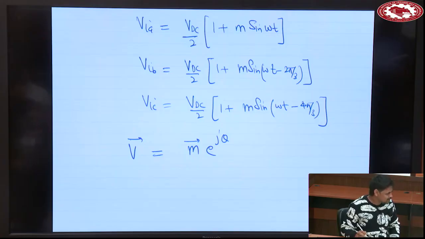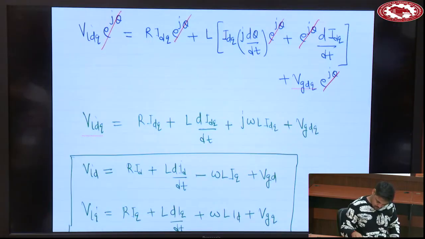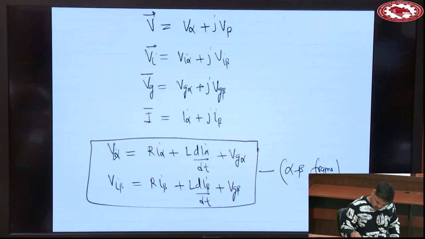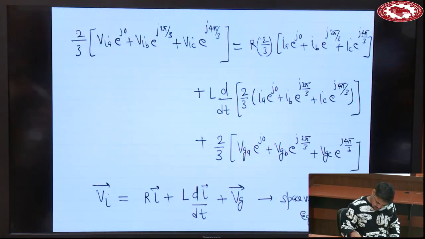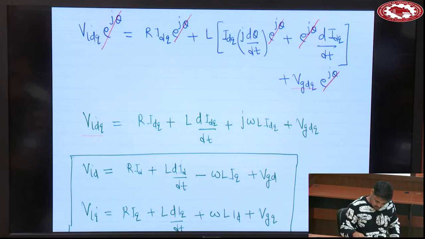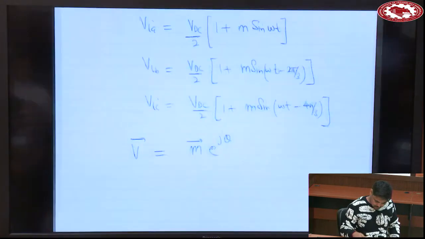In previous equations we have used plus 2 pi by 3, VIB multiplied by e power j 2 pi by 3. Now you are going for minus 2 pi by 3.